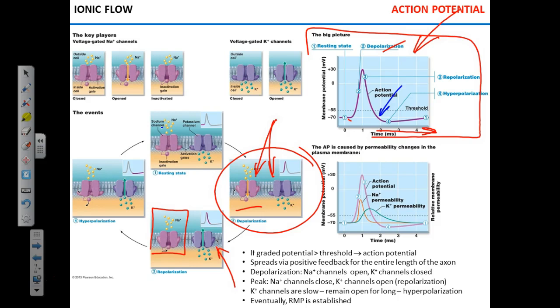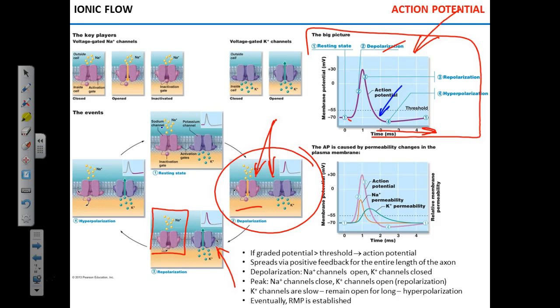Well, hypothetically speaking, at this moment, everything should become normal, right? I mean, cells should go back to RMP levels. However, the problem is that potassium channels, well, it's not a problem, that's life, okay? Potassium channels are slow.